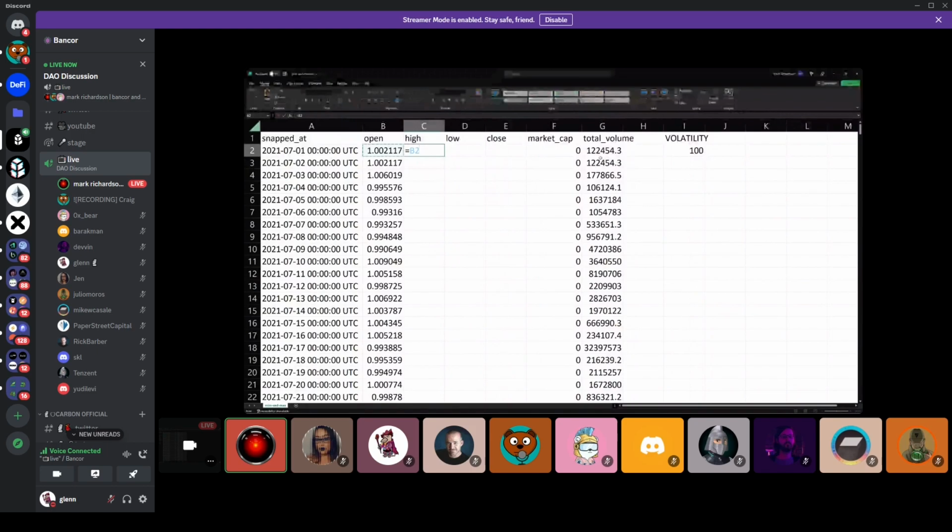So we can add some random amount between 0 and 100 times that open amount divided by the volatility number. And that's not going to change at all, so I'm just going to put dollar signs around this.